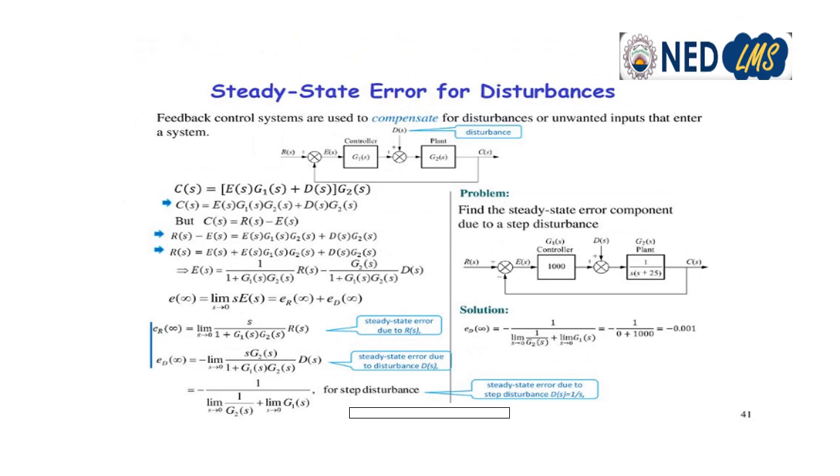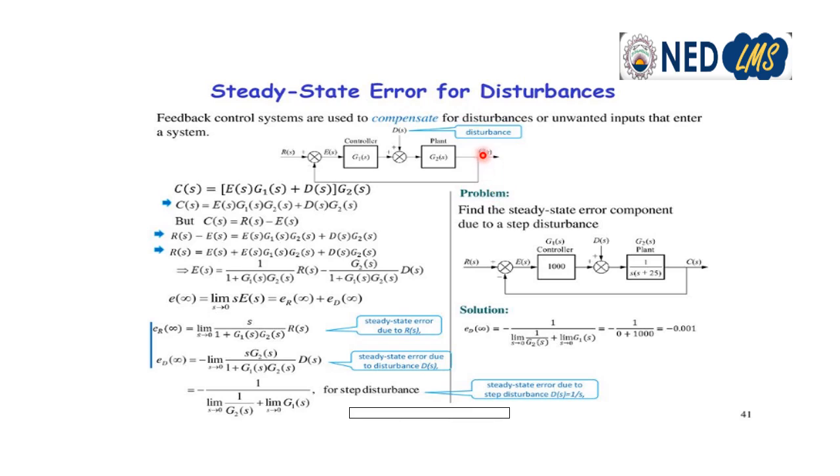Now we'll see how to calculate a steady state error if we have any disturbance in our system. In case of a disturbance, it is like an input, such that we may have more than one input. Here you can see that with the reference signal R(s), we also have a disturbance D(s).